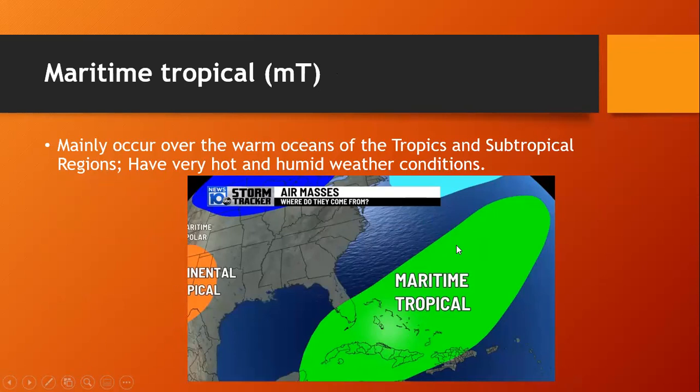As you can imagine, these are very warm, very humid, moist air masses. They form on the ocean near the equator, near the tropics, so tropical. That's how these air masses are named, based on where they're located. So you're going to have a very warm, very moist air mass. That's what a maritime tropical, or MT, air mass is.